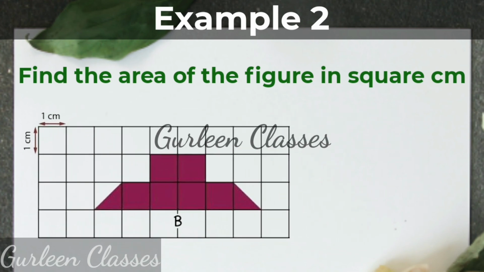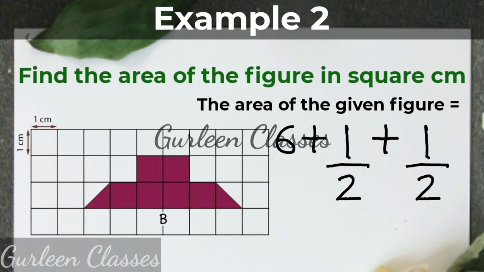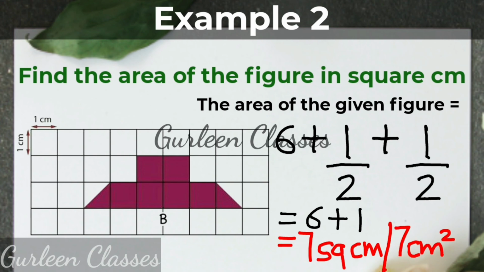So the area of the given figure is equal to 6 plus 1, which is 7 square centimeters or 7 centimeter square.